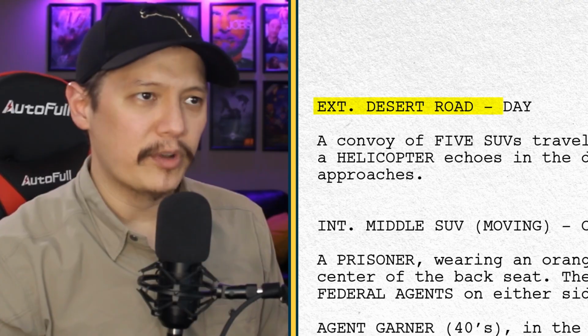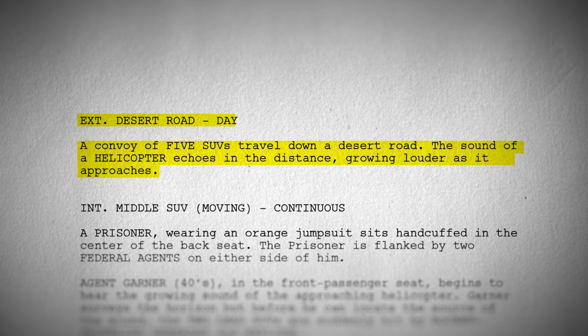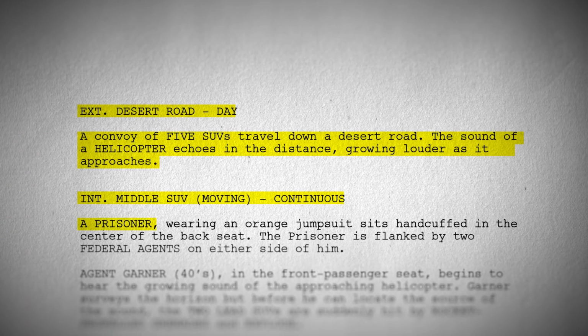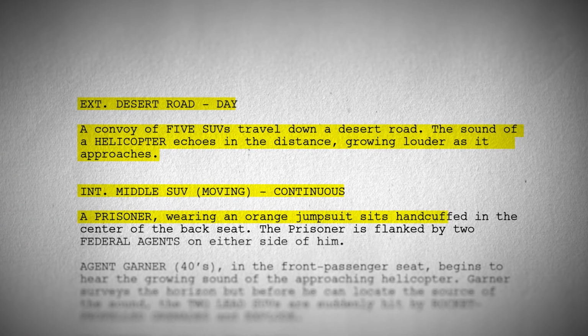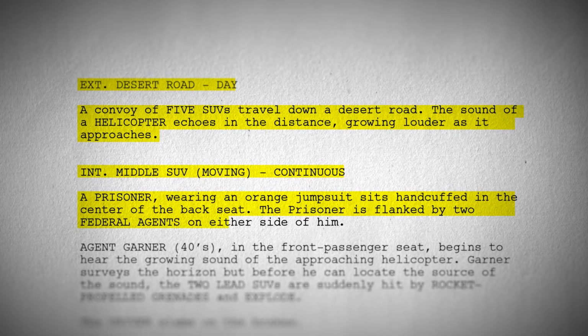Exterior, desert road, day. A convoy of 5 SUVs travel down a desert road. The sound of a helicopter echoes in the distance, growing louder as it approaches. Interior, middle SUV, moving, continuous. A prisoner wearing an orange jumpsuit sits handcuffed in the center of the back seat. The prisoner is flanked by 2 federal agents on either side of him.